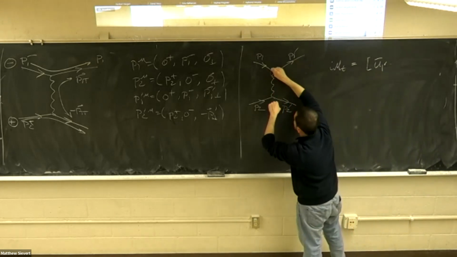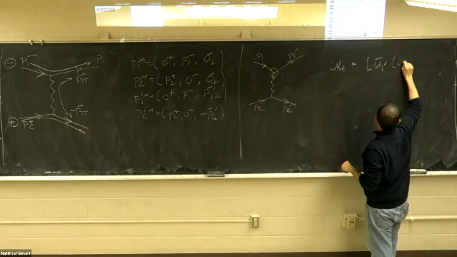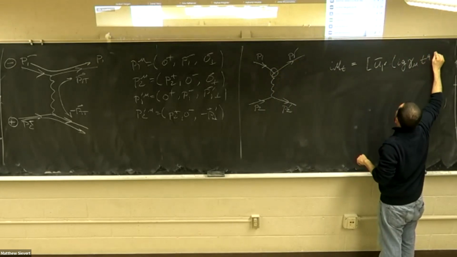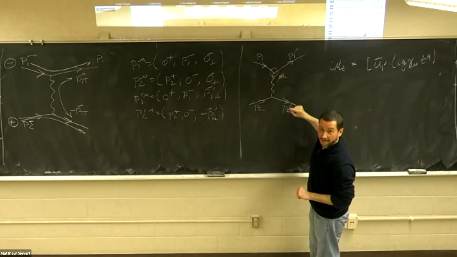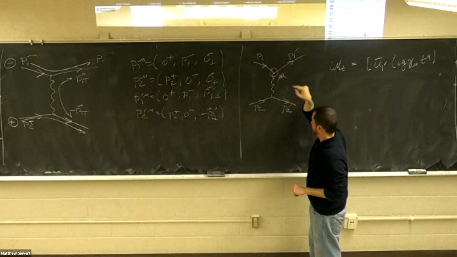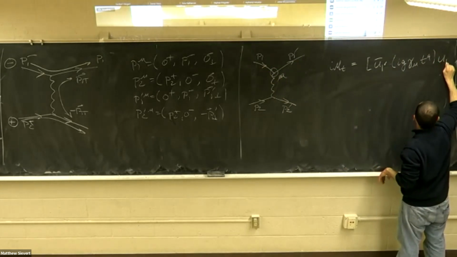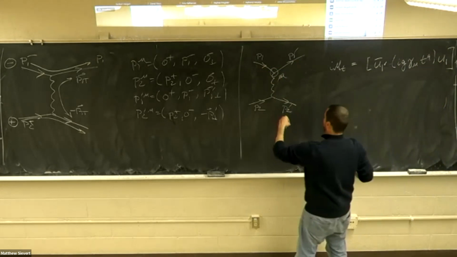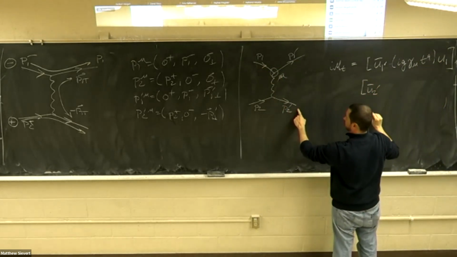Then I have the vertex afterwards. This is the QCD vertex, which is i g gamma mu T A. So I've put mu and A as my indices on this particular vertex. And then I had my incoming fermion, which is the u spinor of particle number 1. Similarly, on the lower line here, I have an outgoing spinor u bar of particle 2 prime.